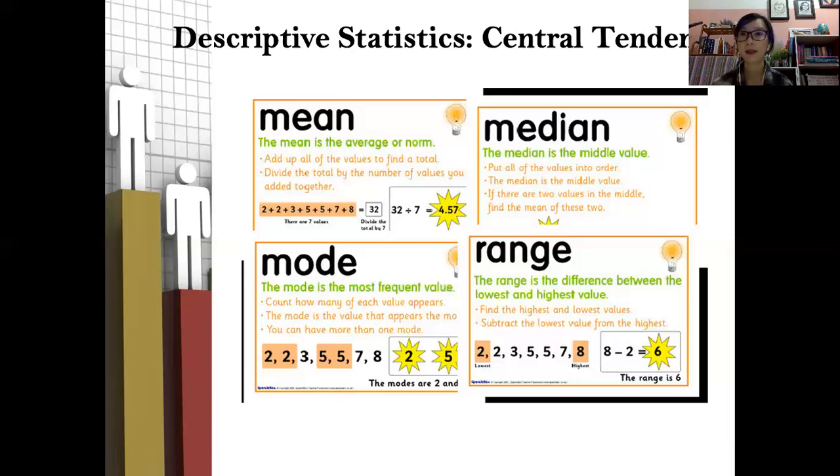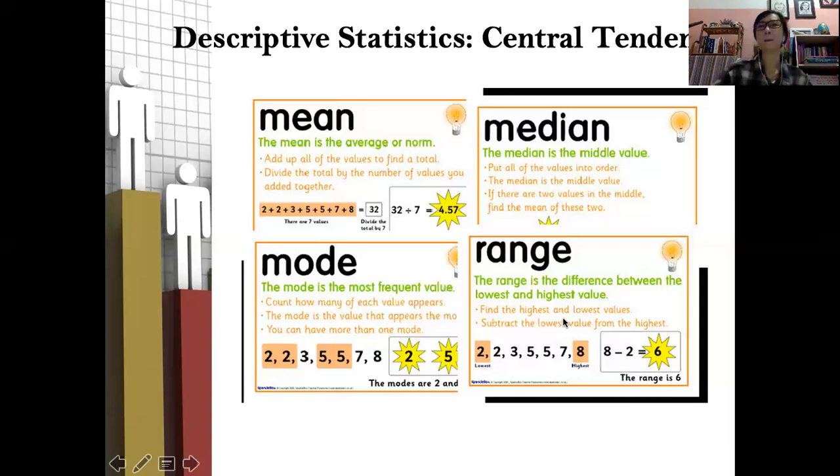Kemudian nilai yang paling tinggi itu kita sebut dengan istilah maximum score. Oke, apa yang harus kita lakukan? You subtract the lowest value from the highest, the minimum score from the maximum score. Jadi misalnya maximumnya adalah 8, and then you have 2 as the minimum score. So 8 minus 2 equals 6. All right, so the range of your data set is 6.